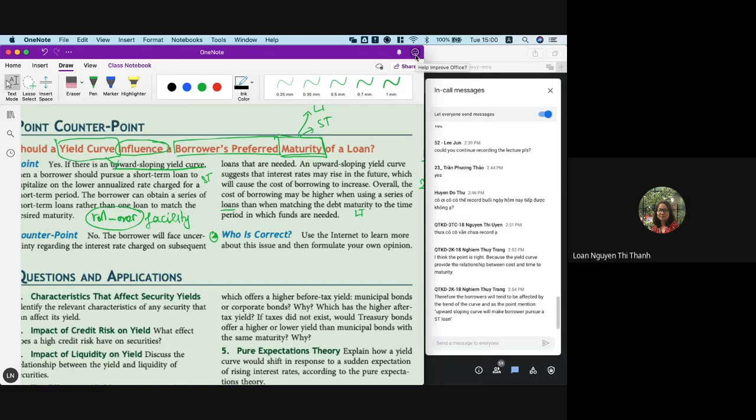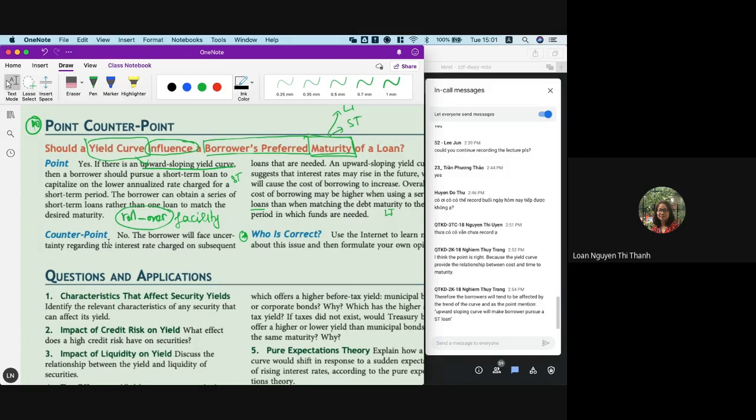So any other idea? The others, what do you think? Any one you favor for the counterpoint?